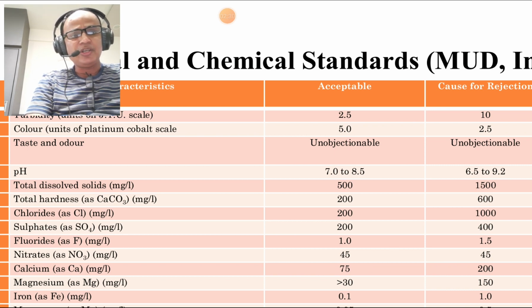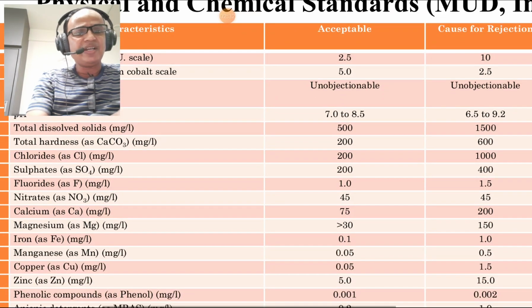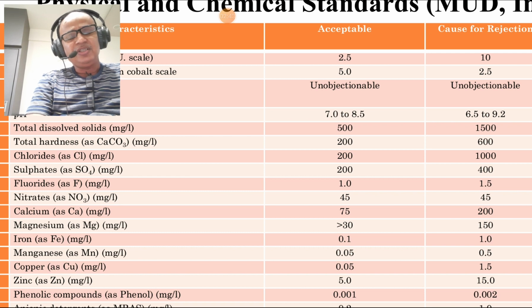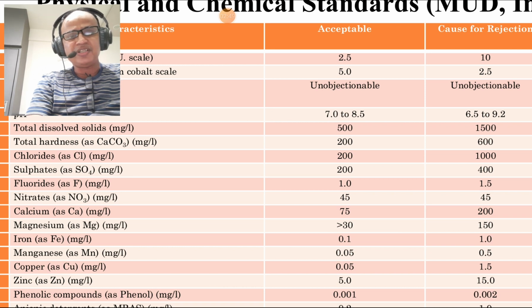Total dissolved solids are 500 mg per liter for acceptable, and the cause for rejection is 1500 mg per liter. Total hardness is 200 mg per liter acceptable and 600 cause for rejection.